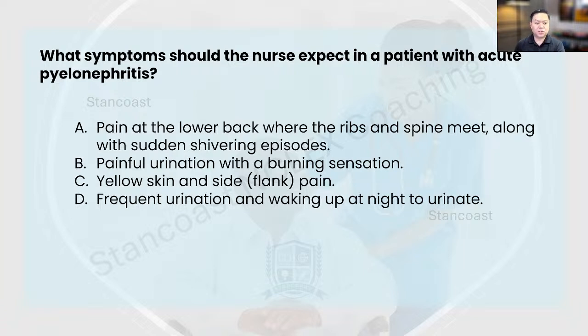And of course, the person will manifest different manifestations, with the shivering. That's part of it. And the chills. And this is because of the combination of the kidney involvement and also the possible infection of the nearby tissues. Again, this is going to be our possible choice.